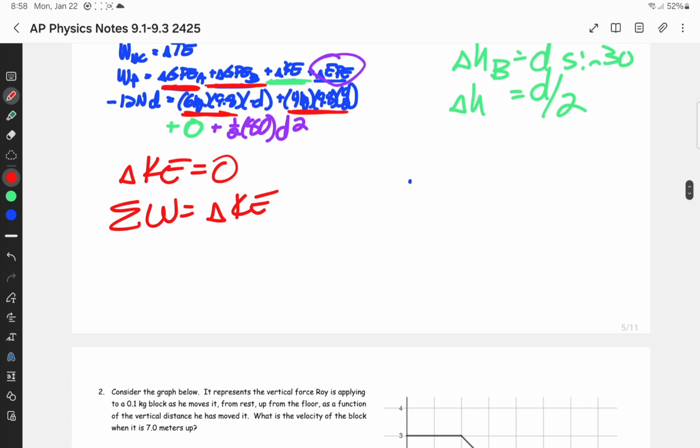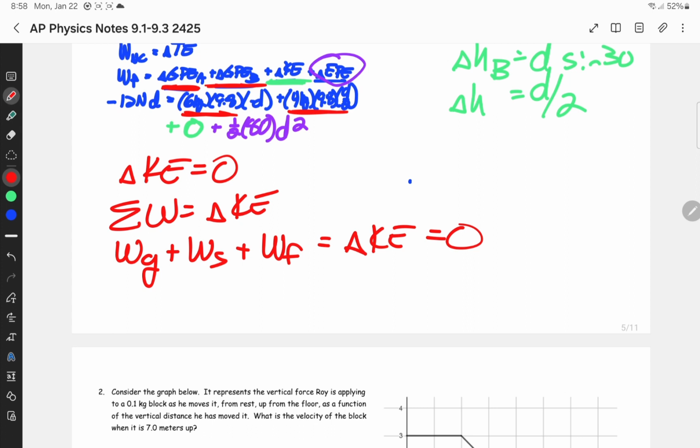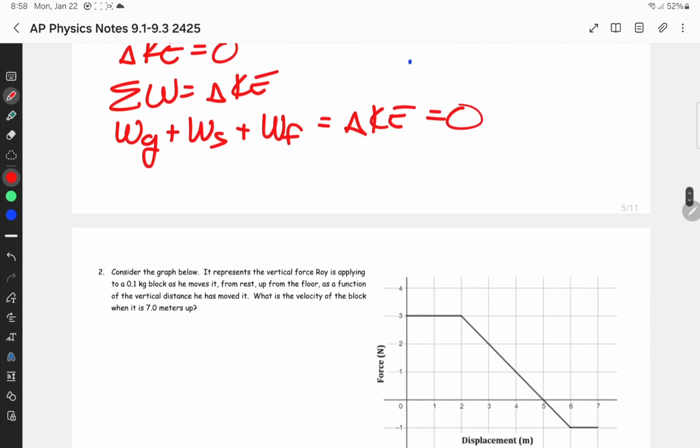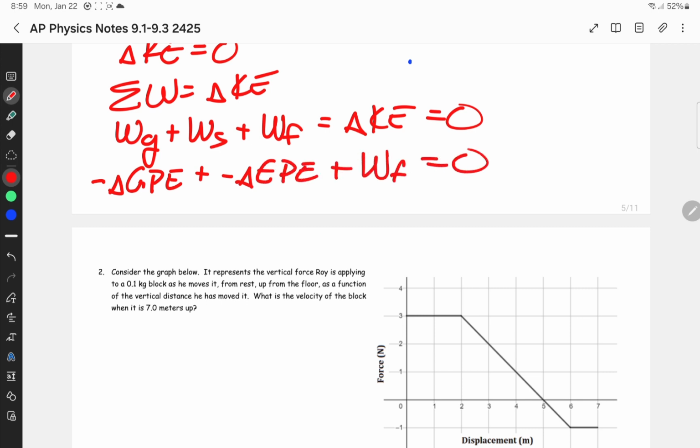Our net work means the work done by gravity plus the work done by the spring plus the work done by friction all equals my change in kinetic energy, which is 0. The work of gravity is the opposite of the change in GPE, plus the opposite of the change in EPE for the spring, plus the work done by friction equals 0.